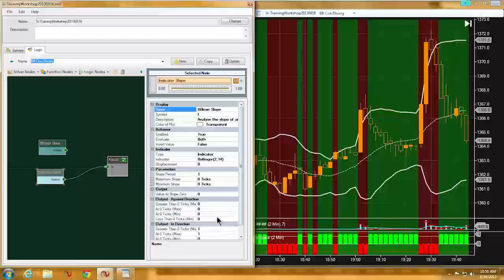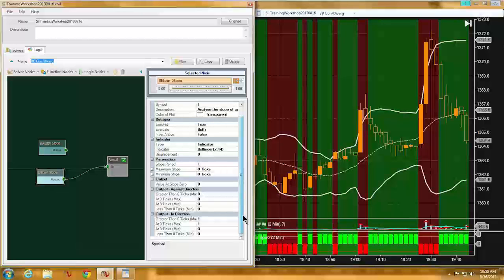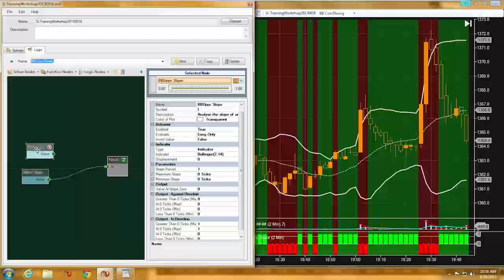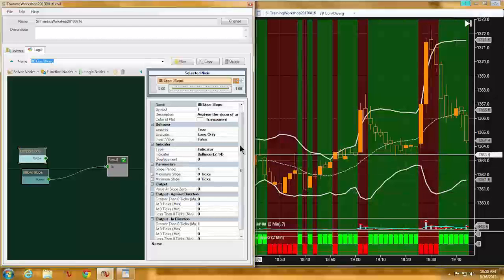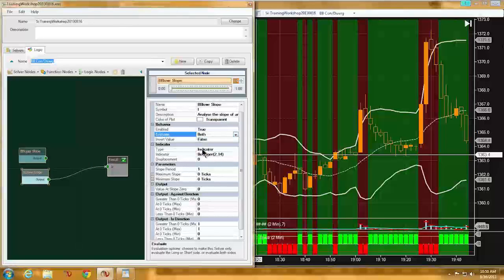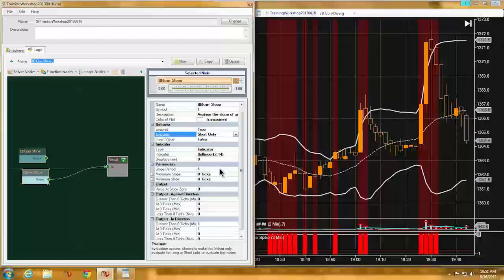All right, so the lower band we're interested in when it's sloping down. So we're only interested in the short signals coming out of it.